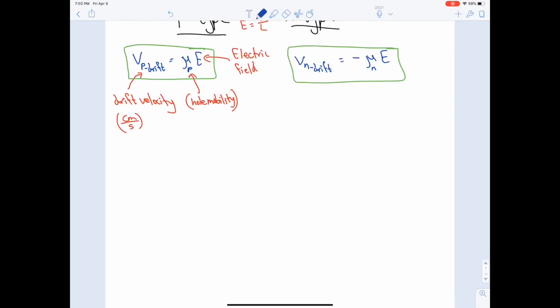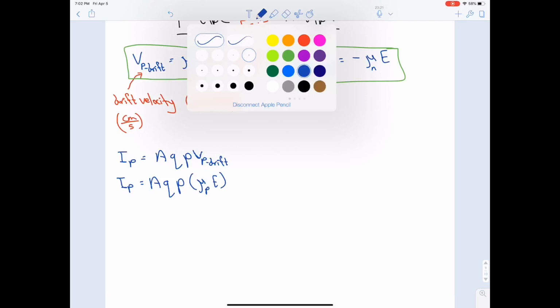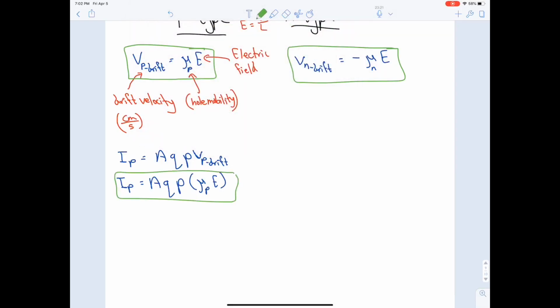Okay, what's IP? IP is equal to A Q P Vp drift, and we just said that Vp drift is mu p multiplied by E. That's IP. IP is the drift current with unit ampere.